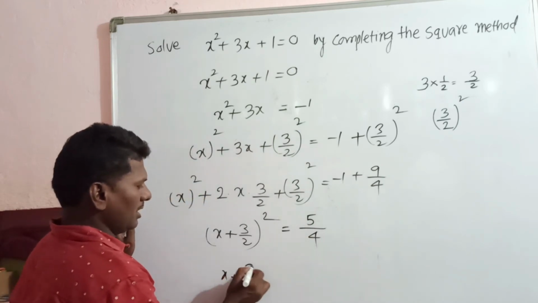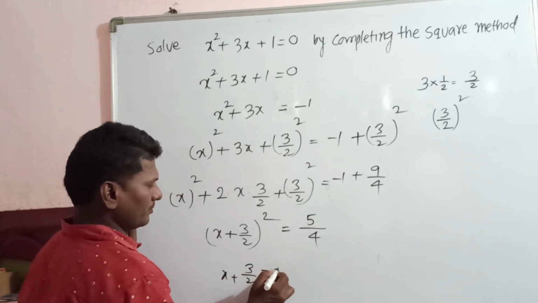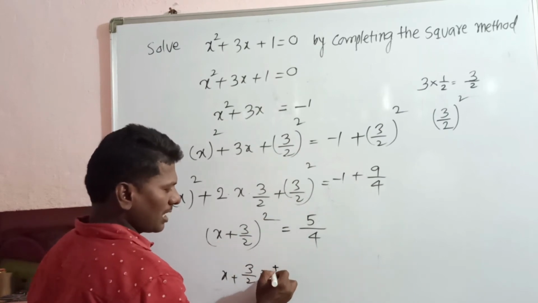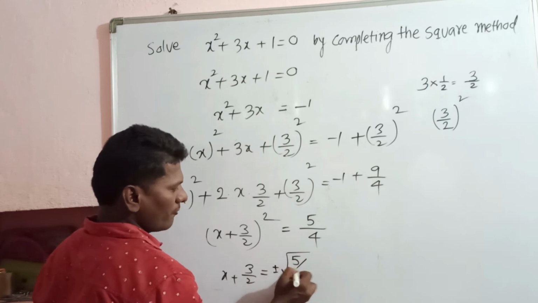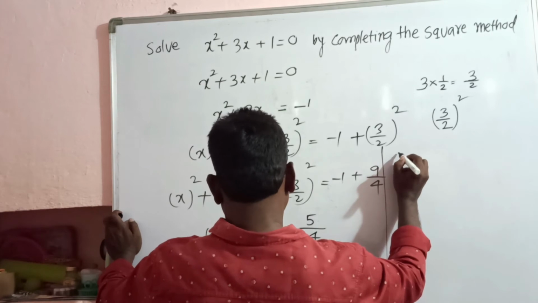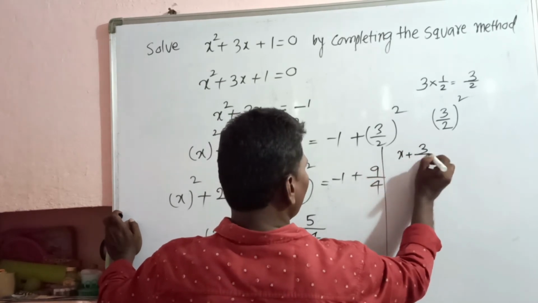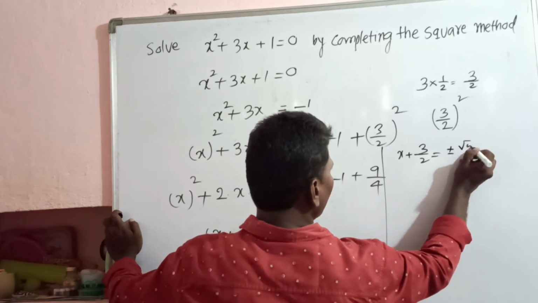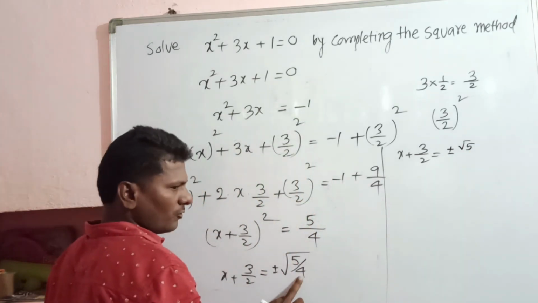x plus 3 by 2 is equal to, this square goes that side and it becomes plus or minus square root of 5 by 4. Then x plus 3 by 2 is equal to plus or minus square root of 5. Square root of 4 is 2.